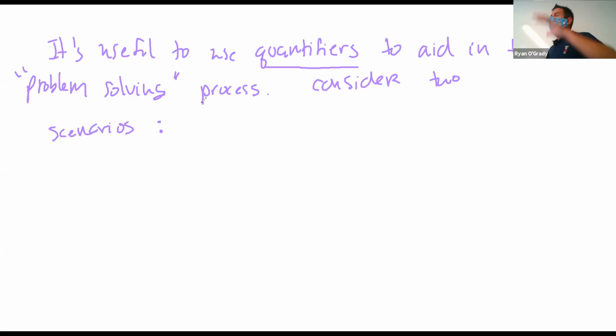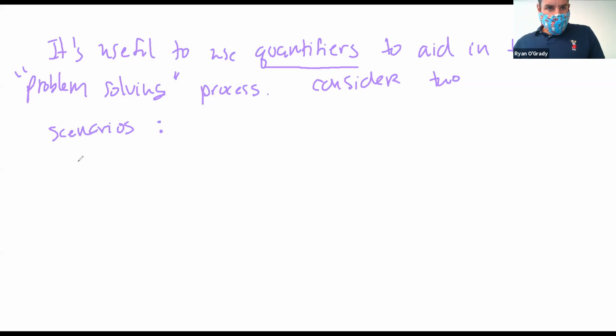I want to consider two scenarios with the previous example that we gave, all right? Let's think of just English sentences first, and then we're going to try to translate them to some mathematical language.